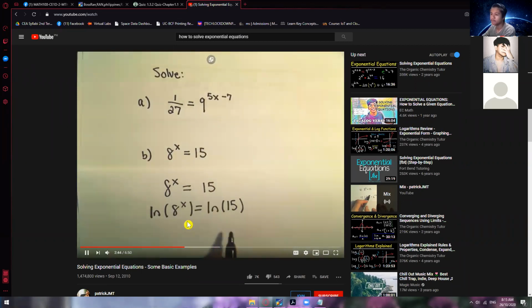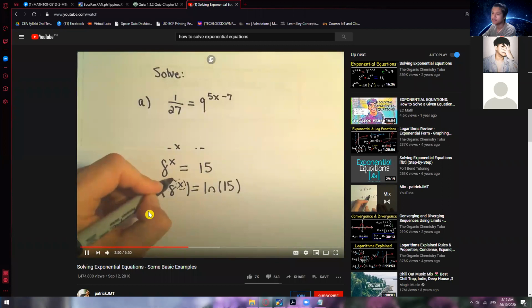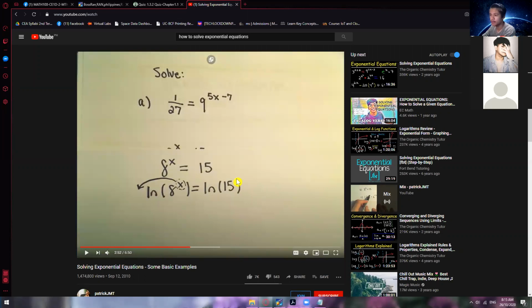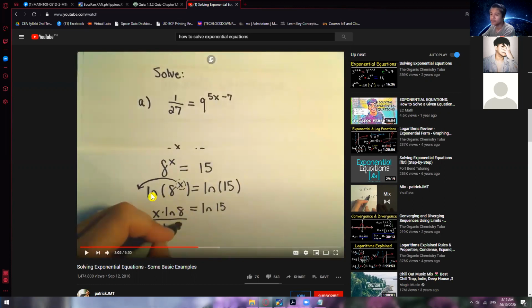And then, at that time, pwede mo na siyang ibaba yung exponent x natin beside the ln. Okay. So same lang din sa kabila kung meron kang exponent sa kabila. But in here, since yung exponent nito is 1, kahit ibaba mo dito, parehas lang din. So after that, pwede mo nang gamitin ang basic mathematical equation.